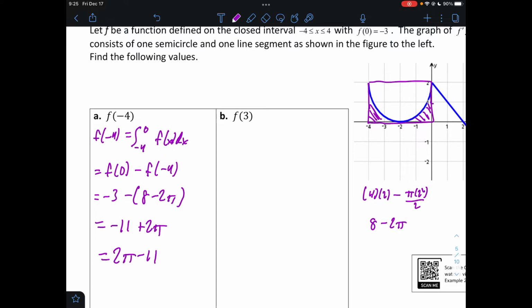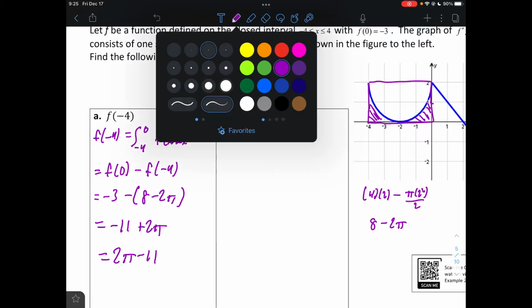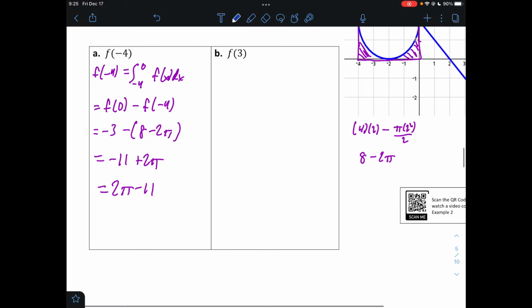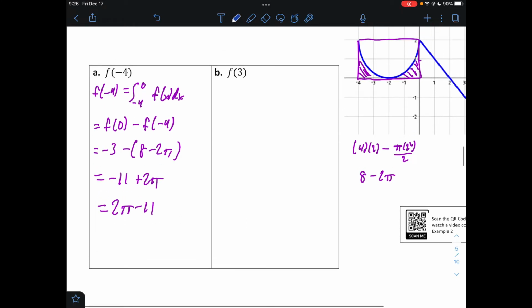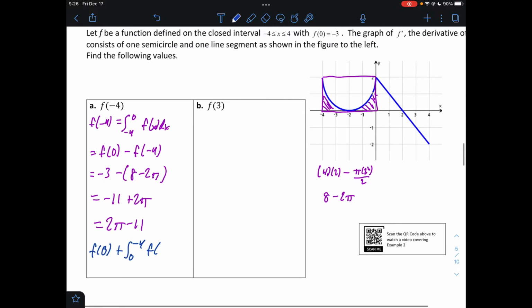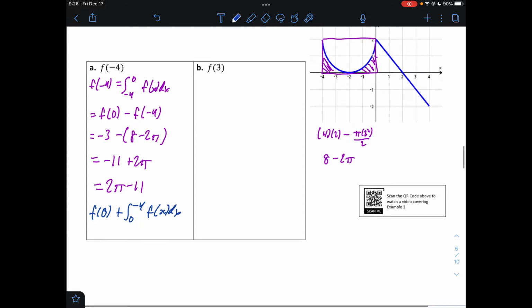So the other way to think of this problem, and this might be a better way to look at it, would be to use that accumulation function that we talked about here. If we want to find f of -4, we can do f of 0 plus the integral from 0 to -4 of f dx. All right?